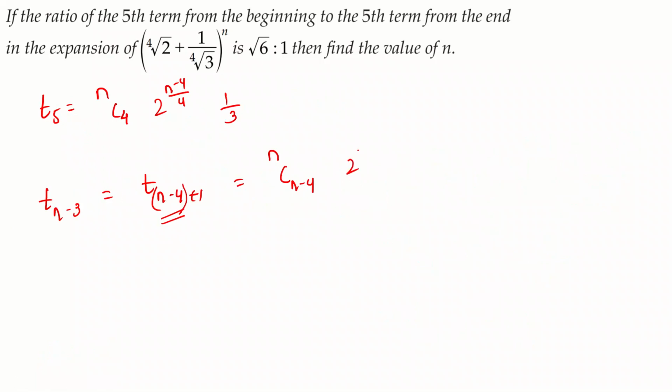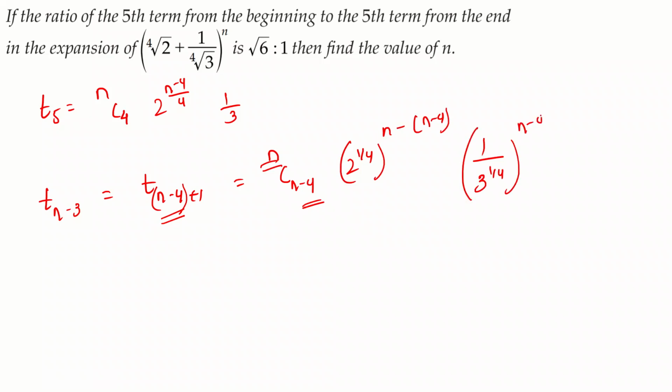Then 2 to the power of 1 by 4, whole to the power of n minus 4, because head minus leg is what we have in the power of a, and then 1 by 3 to the power of 1 by 4 to the power of leg.